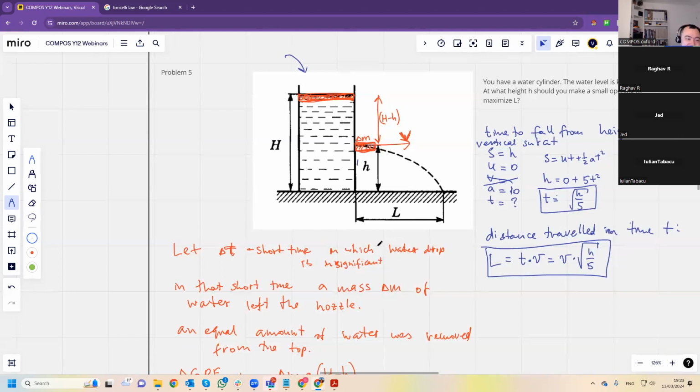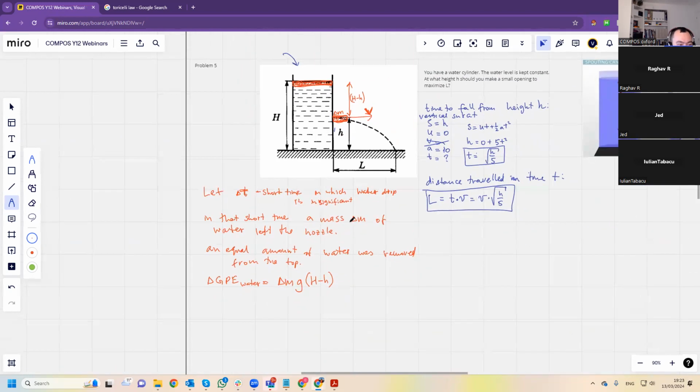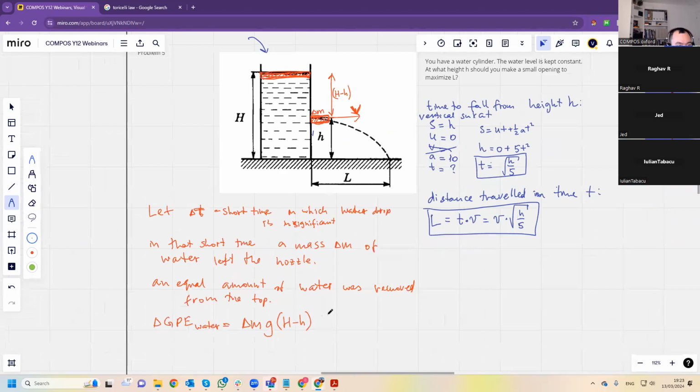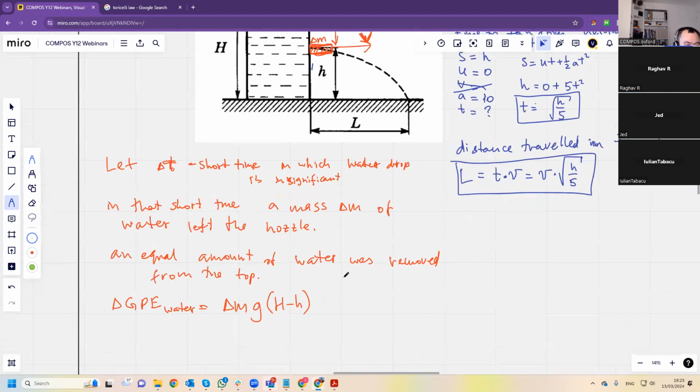So the change in gravitational potential energy is mg (H minus h), and the change in kinetic energy of the water is 1/2 delta m v squared. So 1/2 delta m v squared is equal to delta m g (H minus h).